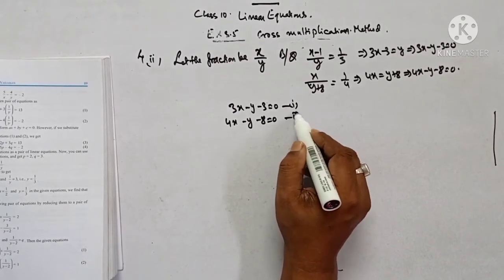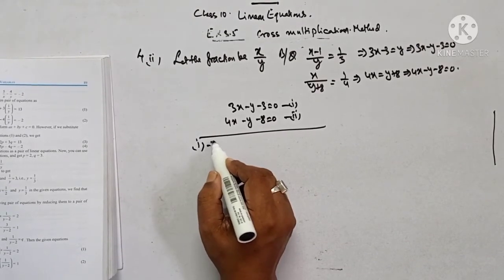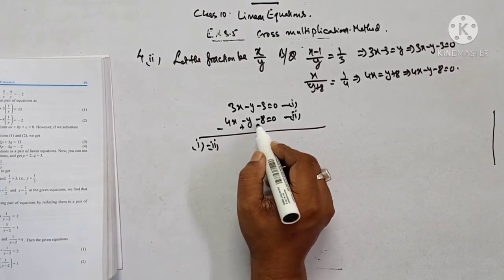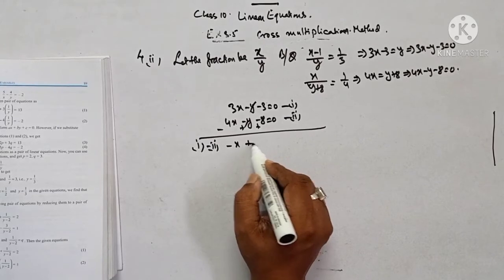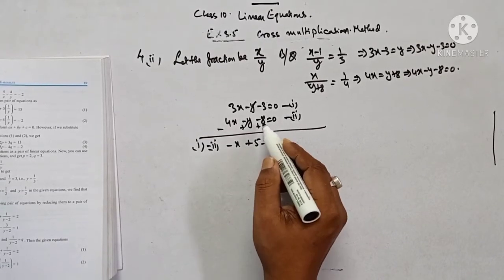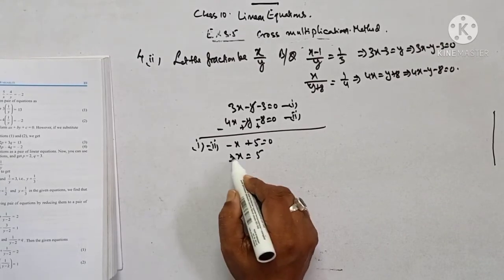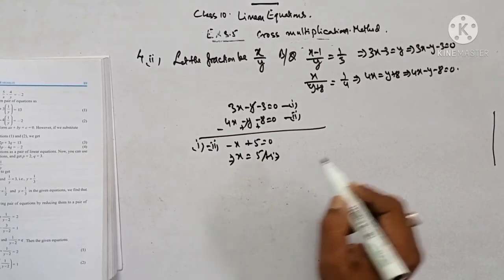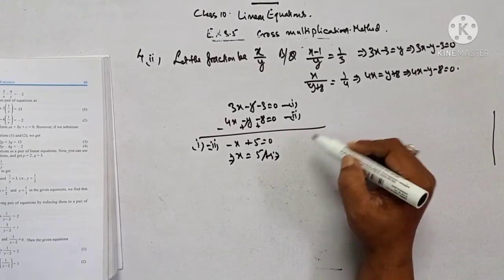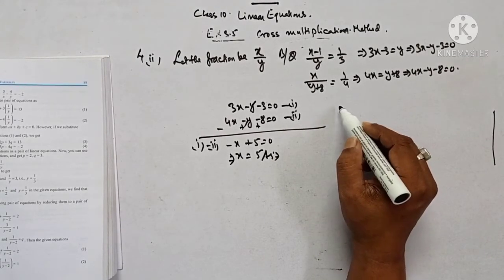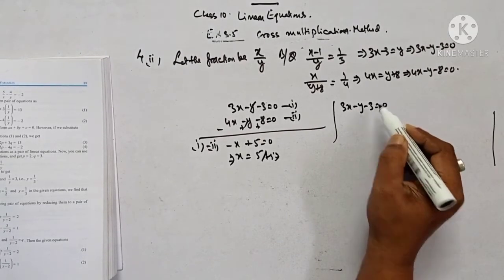Now equation 1 minus equation 2, you get minus, plus, plus, so y cancels out. Minus x plus 5 equal to 0, so x will be equal to 5. This is your answer. Now next you have to find the value of y: 3x minus y minus 3 equal to 0.